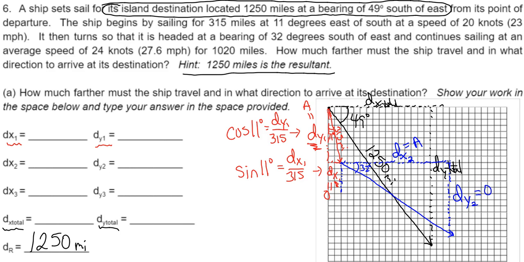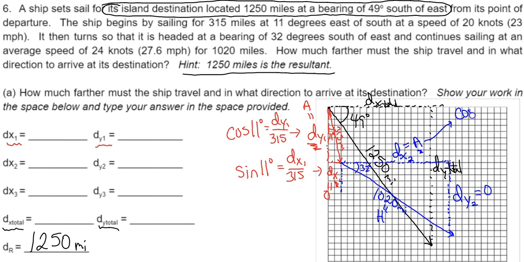Okay, and my hypotenuse we were given as 1,020 miles. So again, using my trig functions, for my dx2, I'm going to use adjacent over hypotenuse, which means I need cosine.